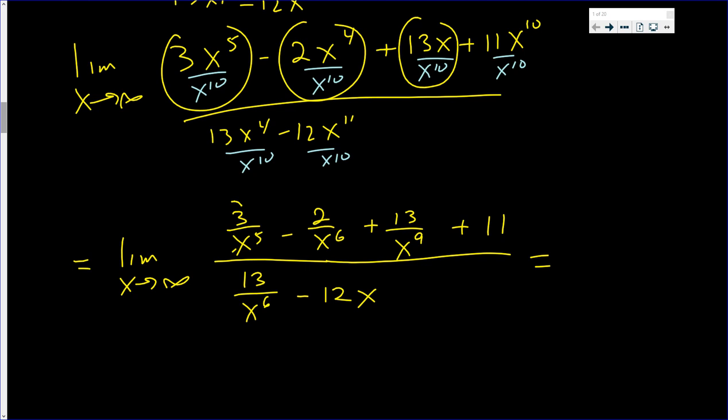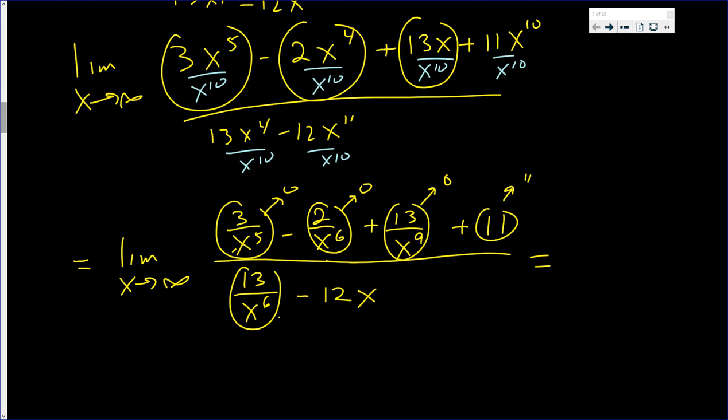Well, this goes to 0, this goes to 0, this goes to 0, this just stays 11, this goes to 0, and this goes to infinity. That's 0. 11 over infinity is 0.